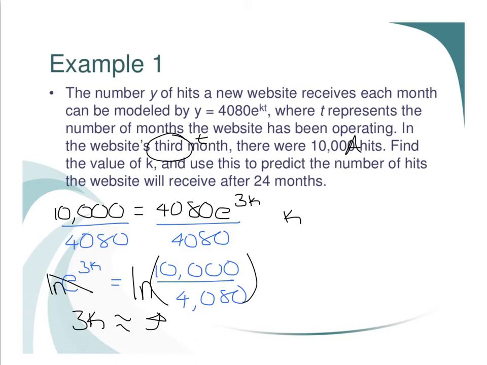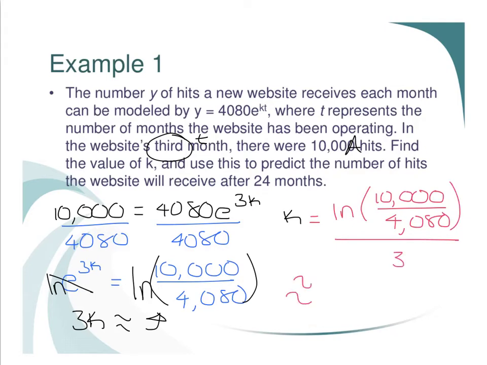So k is approximately whatever I'm getting here, or equal to, if I'm leaving it in exact terms, ln of 10,000 divided by 4,080, all over 3. Approximate it to, let's see, 3 place values. Alright, rounding to 3 place values, we end up with 0.299.